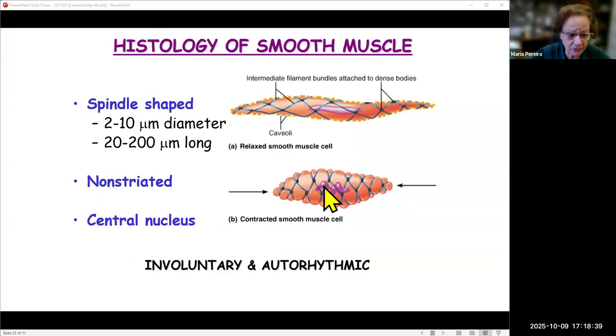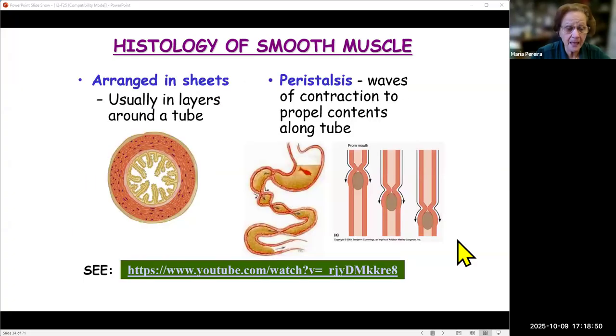Here you have the smooth muscle. So we already told them they're non-striated, they have a central nucleus, and they're involuntary and also autorhythmic, just like the heart. And an interesting aspect of the smooth muscle is how they are usually arranged along the gut. They are arranged in circular layers around the lumen of the gut.